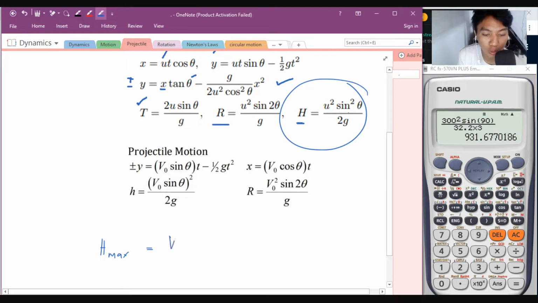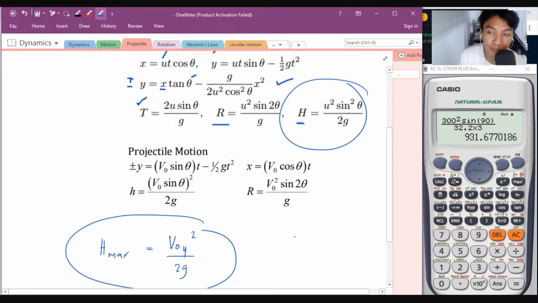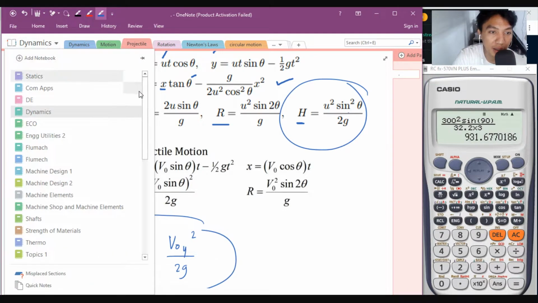So the component V0y is squared over 2g. The horizontal component speed is at minimum or 0, and then the vertical component of that velocity is at maximum. So dito nagmula yun. It came from here. Okay, so let us get back.